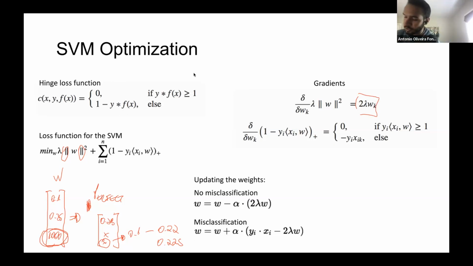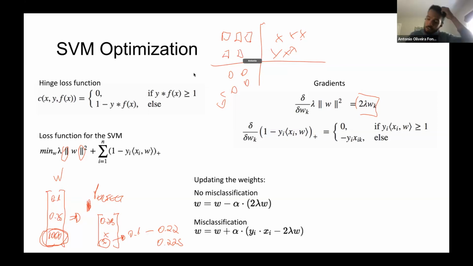Let's say that now I don't have just the crosses, but I have the circles, and I got a couple of squares here. Now if I come with one decision boundary, I can separate the crosses from the squares and the circles, but I don't separate the circles from the squares.